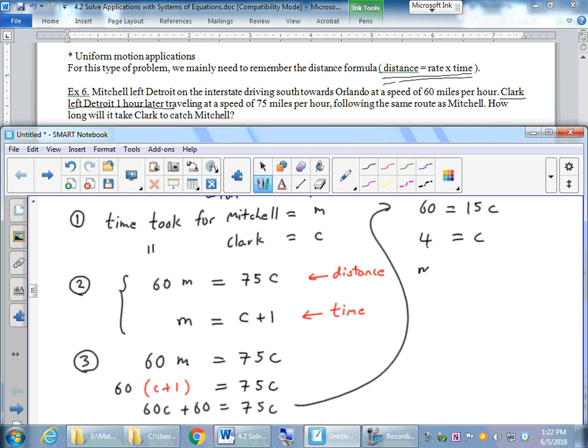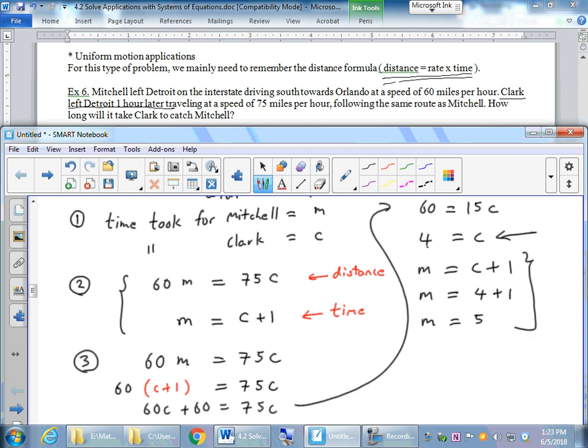So therefore, I can find m, which is m equal to c plus 1, so it is 4 plus 1, which is 5. Now we can interpret it, because it asks how long it would take Clark to catch up to Michelle. Oh, see, we should read the questions in detail, because it's only asking how long it takes for Clark to catch up.